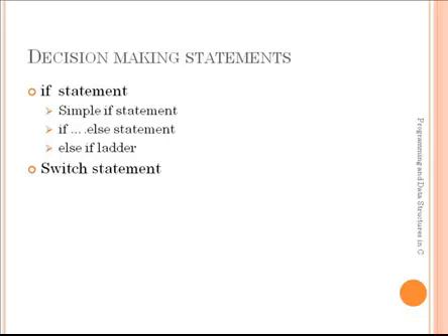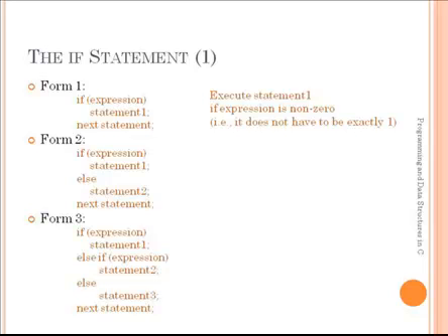Depending upon this test expression, the statements will be executed. The different types of if statements are simple if statement, if else statement, and else if ladder statement. We will discuss each of them one by one.